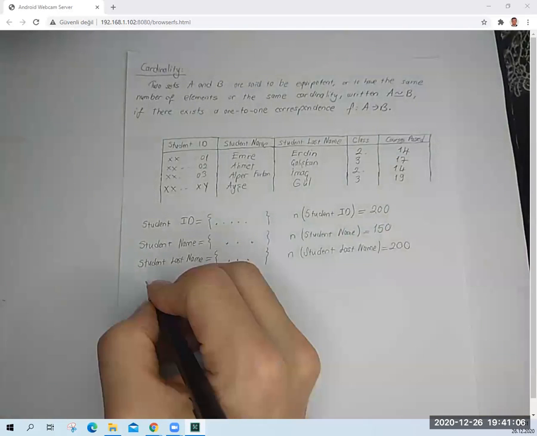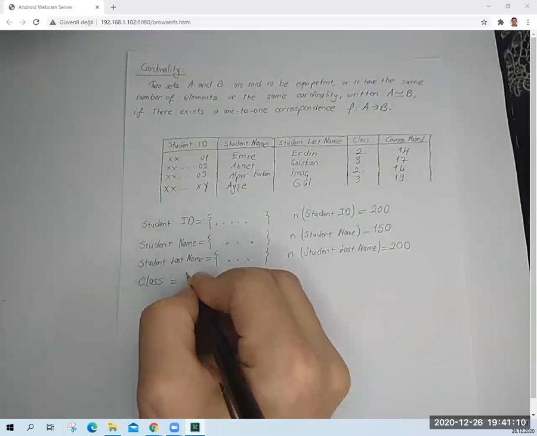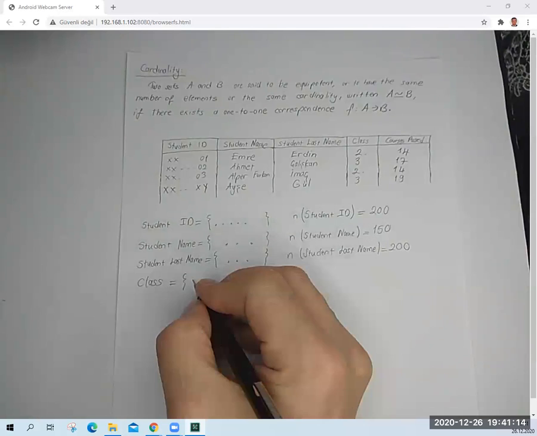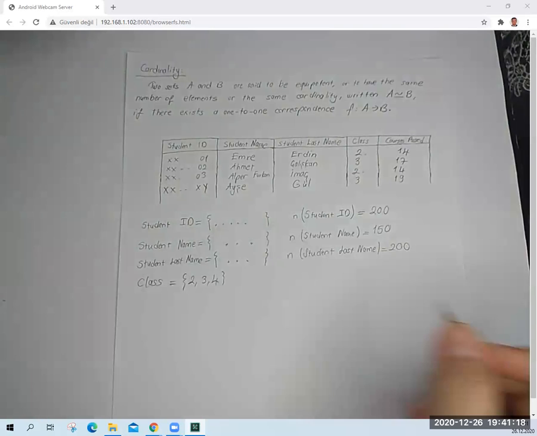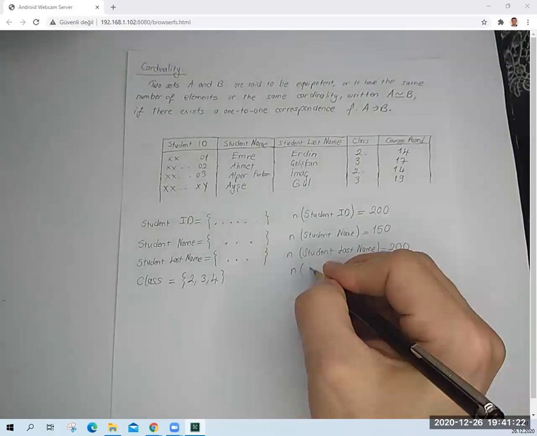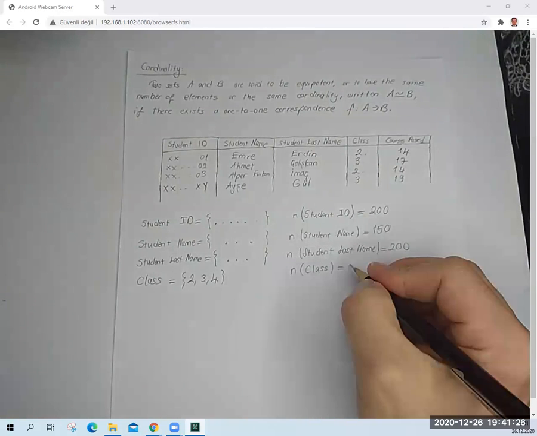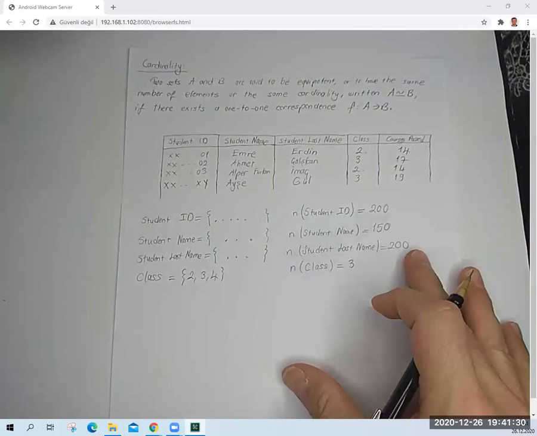And as a class, there is a set of classes we can write easily: 2, 3, and 4. There are 3 types of class. And the cardinality of that class is 3.